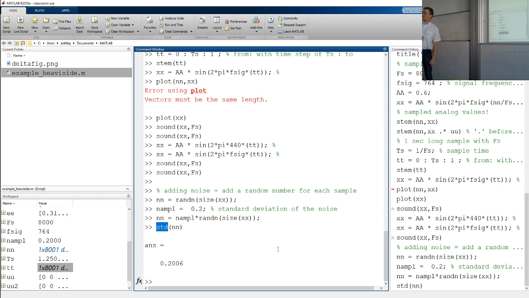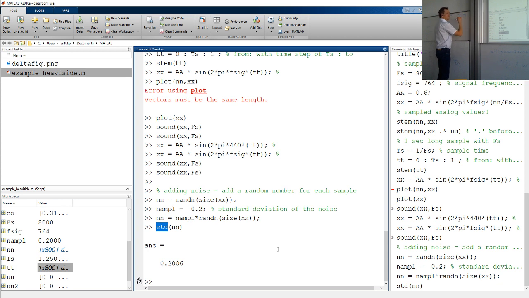You should know that. Even in the middle of the night, if your mother comes and kicks you, Hey, what is the signal to noise ratio? You will give immediately 10 times the log of.